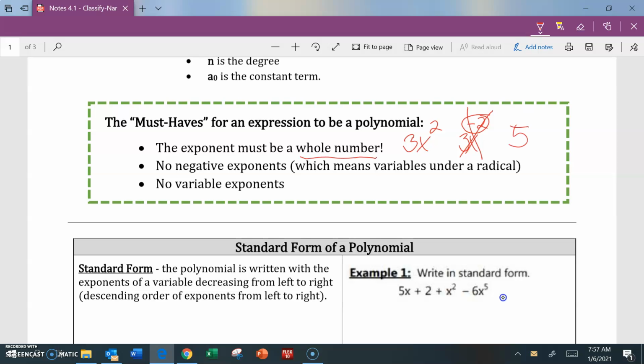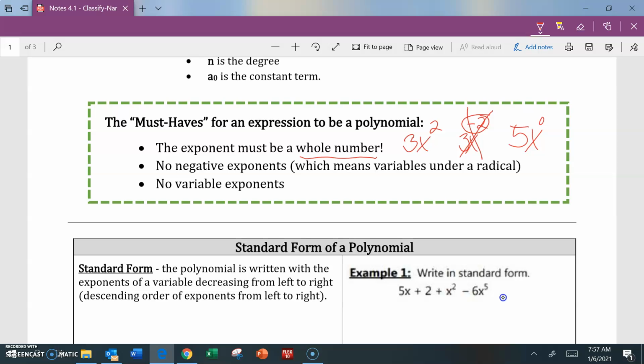If you have 5x to the 0, remember x to the 0 is just 1. So 5x to the 0 is a polynomial, 0 is a whole number. It says you cannot have negative exponents, which means the variables would be under a radical.